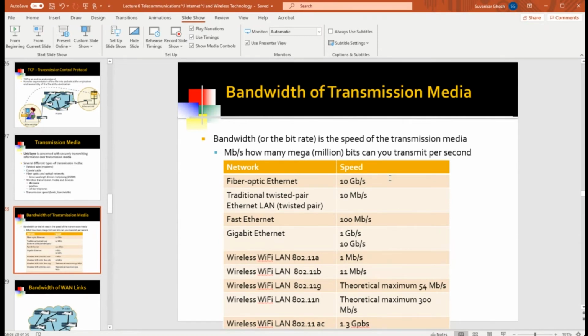And also applications where you need to transmit a large number of bits. Think about, let's say, a radiologist's office. Radiology people are transmitting X-rays, any image, video images, which are very bit intensive.